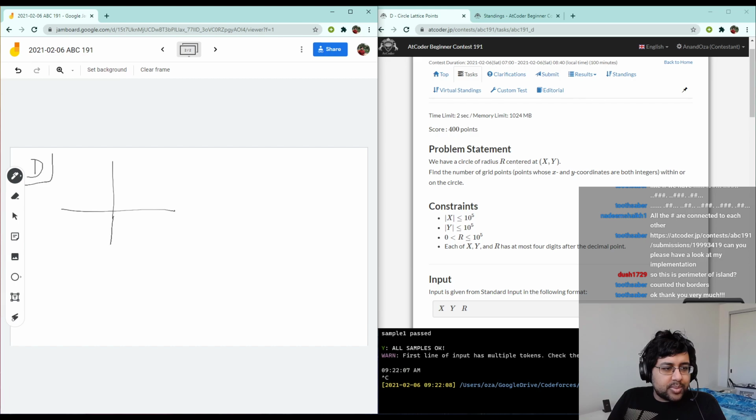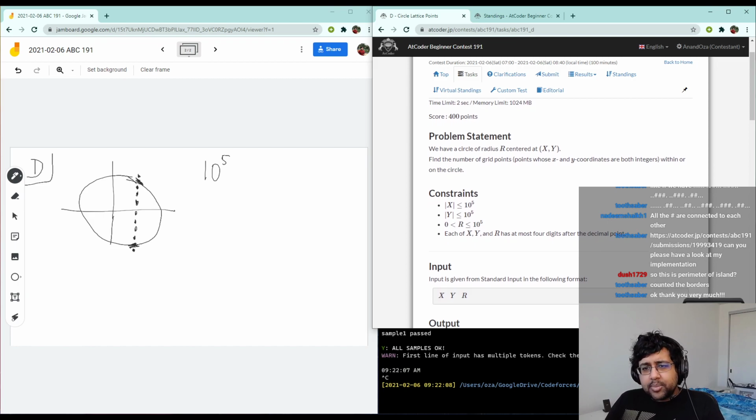So my thought was basically you have some big circle, and we know that the coordinates are less than 10 to the fifth. So what this means is we can actually just loop through every possible x coordinate and calculate how many lattice points are inside that one vertical slice. I was going to use binary search to find the top and bottom borders and then subtract them.